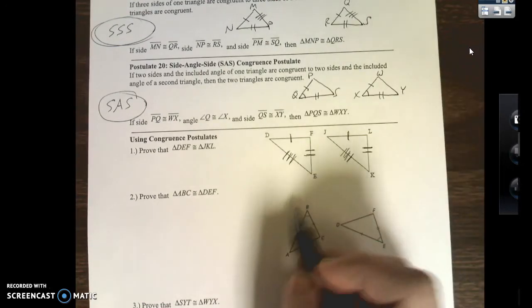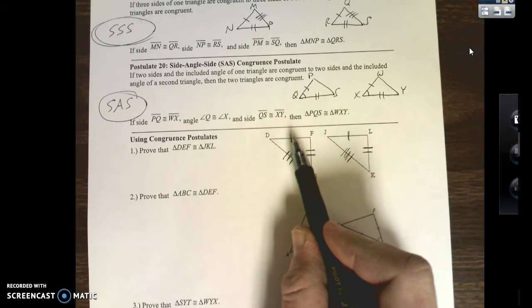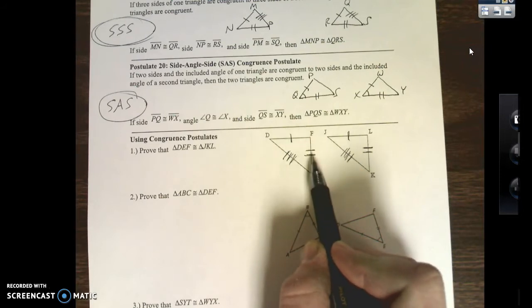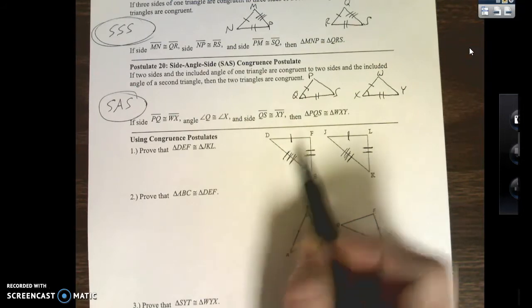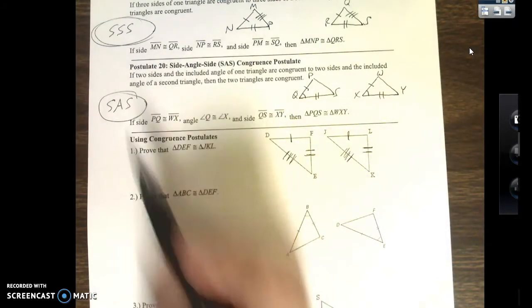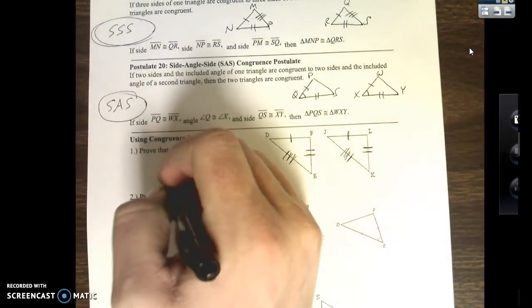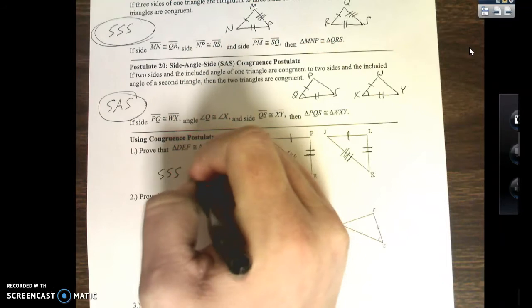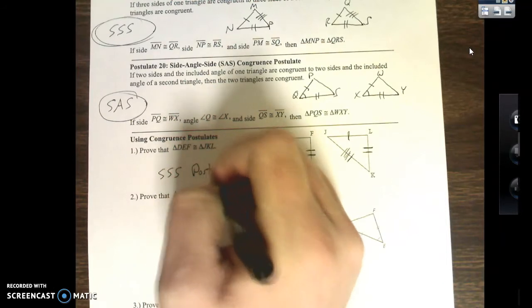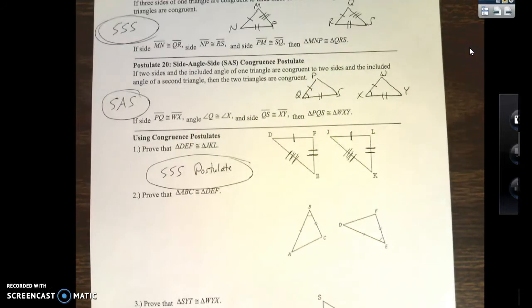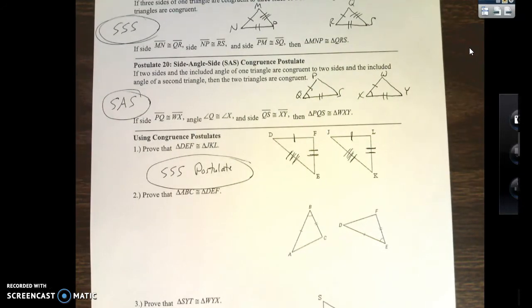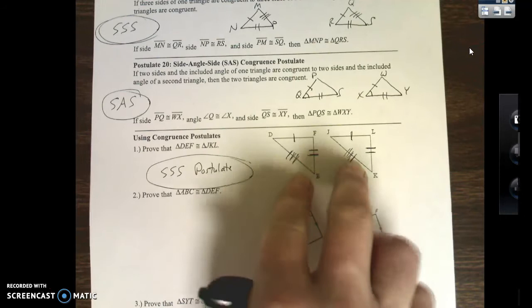Those tick marks represent sides. So I have one side, second side, third side. Well, if I had to pick between the 2, I'm hoping this is pretty obvious. This would be my SSS postulate. Okay, and that's all we're doing, picking which postulate we can use in order to say they're congruent. Okay, simple, but you have to notice the pattern.